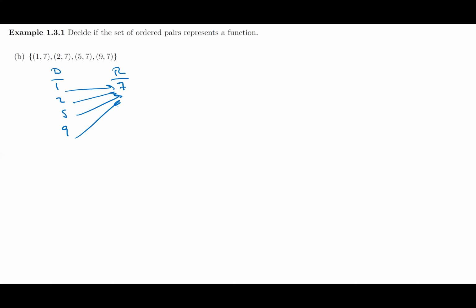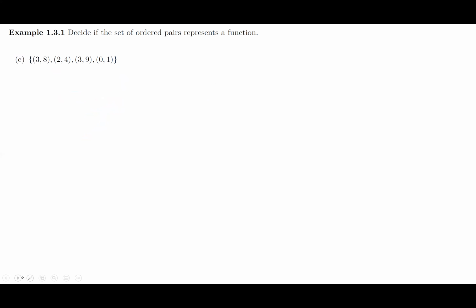Oh, goodness. It's a lot of inputs. It's only one output. Same output, I should say. Well, this is a function. Because again, the definition says you can't have an input going to two separate outputs. It says nothing about an output having more than one input, okay? And so this is a function.